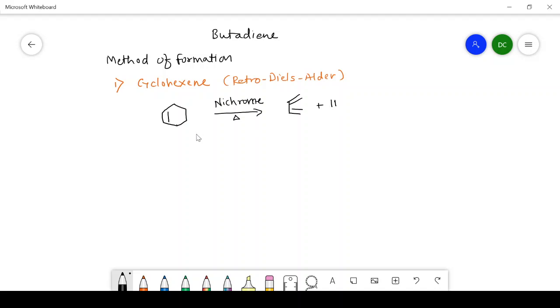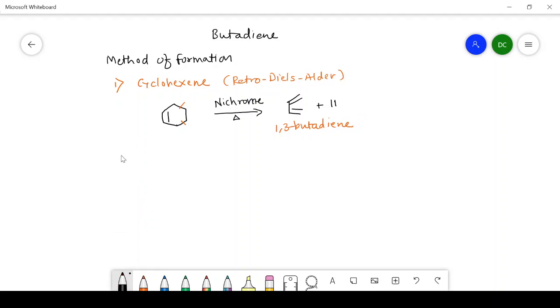This is the retro-Diels-Alder reaction which is used for the formation of butadiene. In this reaction, this cyclohexene ring gets broken down to form a butadiene. So we will get here 1,3-butadiene. The reaction condition is nichrome, over which the cyclohexene is passed, and then butadiene is formed.